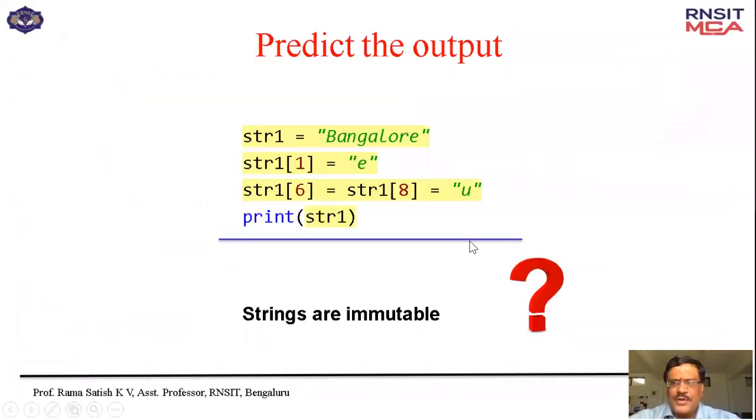Strings are immutable. What is the meaning of immutable? Immutable means once you store the string, the contents of the string cannot be altered. That's why you are getting the error: you are trying to alter the string which is already stored in str1.